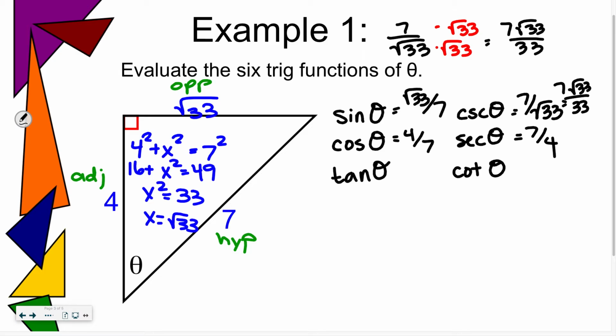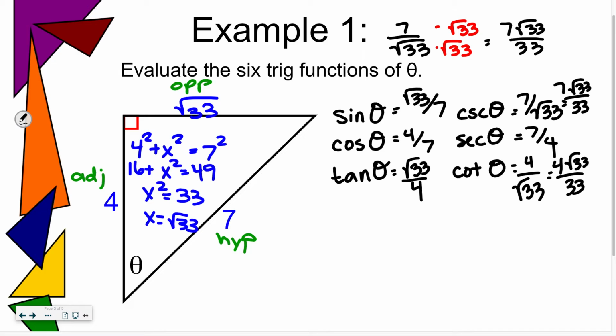And then of course, you can do tangent: square root 33 over 4, and then that would be 4 over square root 33. We'll rationalize it by multiplying by square root 33 on the top and bottom. So that's going to be 4 square root 33 over 33. So even if I only provide you 2 sides, you can still do all 6 trig ratios. You can find the missing side.